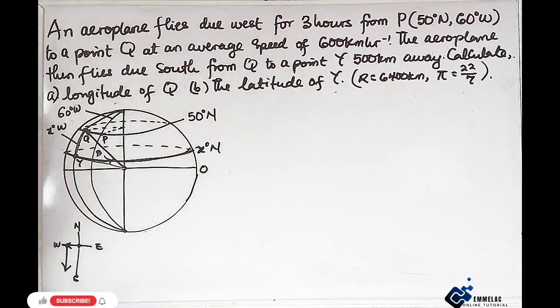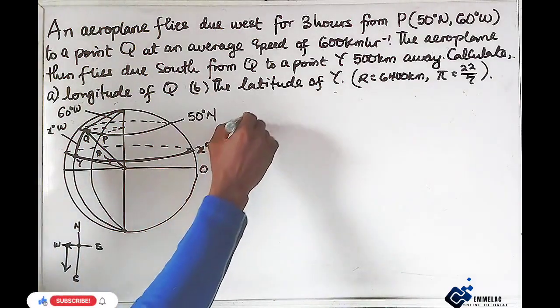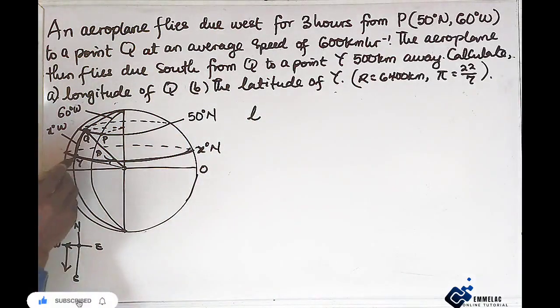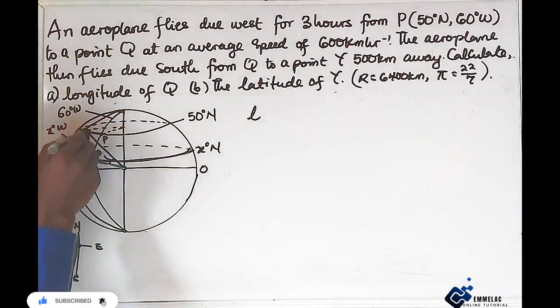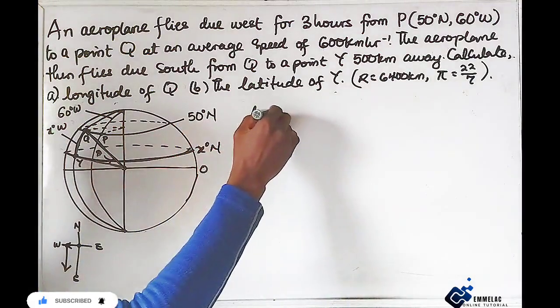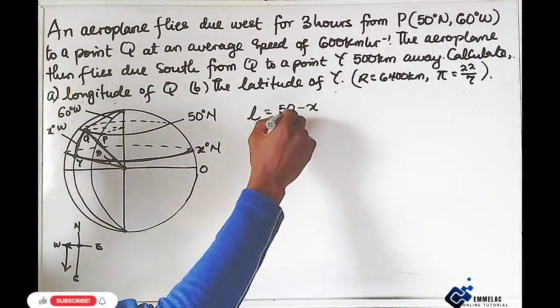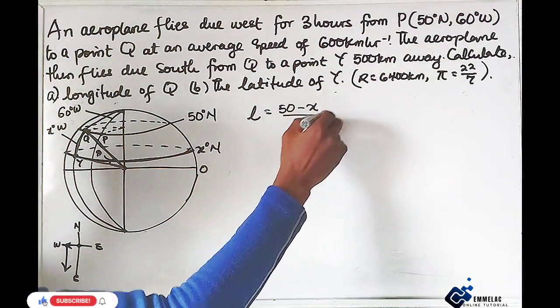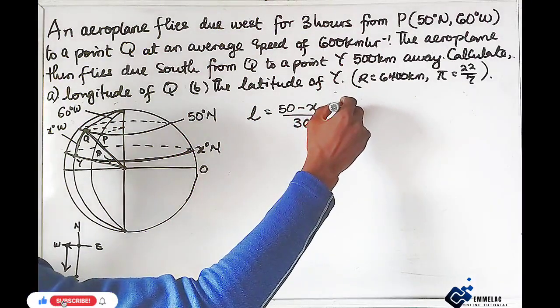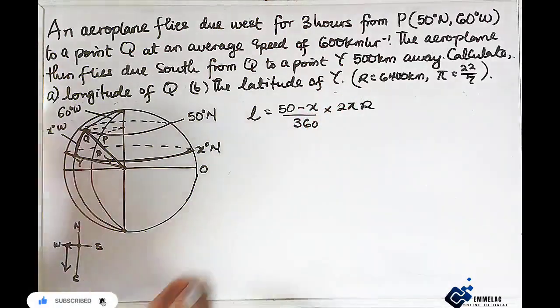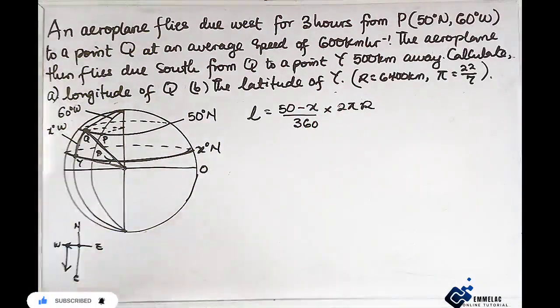Taking a look at this diagram, we have L equals (50 minus X) over 360 times 2 pi R. And why is it R, the big radius?